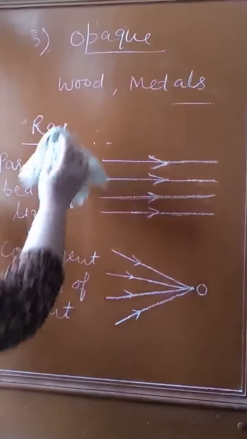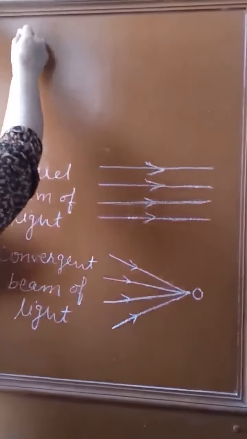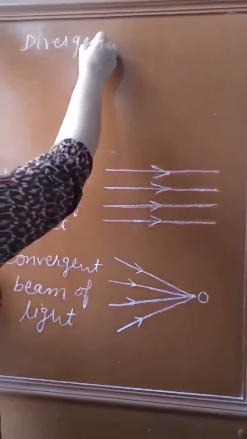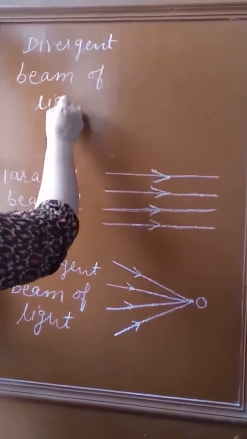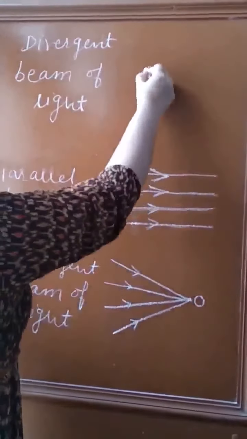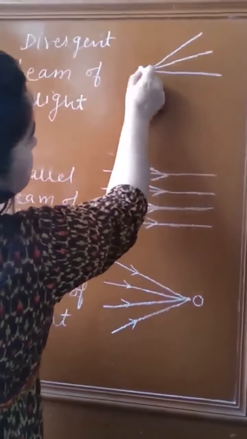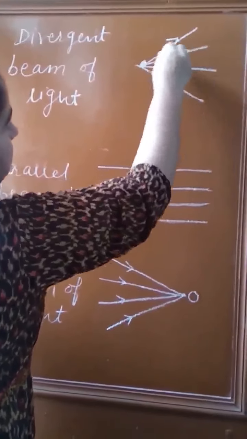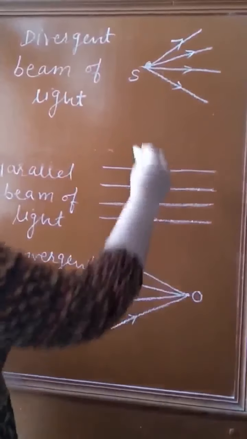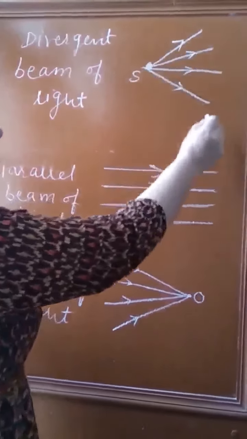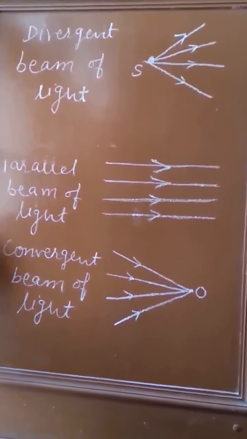Next type is divergent beam of light. When the rays coming out from a source go away from each other in different directions, then this is called a divergent beam of light.